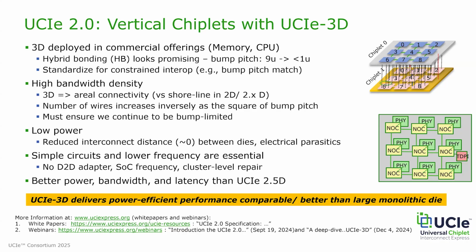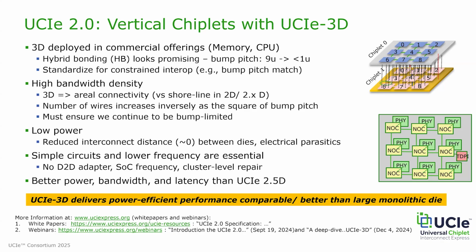Now, with the orders of magnitude improvement in wire density that we get, we can take a completely different approach with 3D, which is what we did. Basically, we went with simple circuits and reduced frequency, so that we get even lower power. And as you will see, we get an order of magnitude improvement in the power.